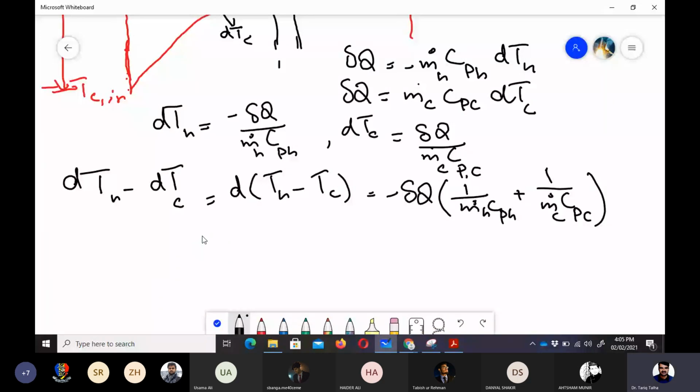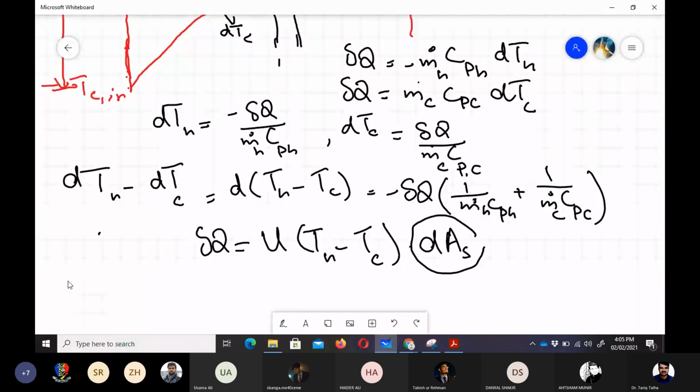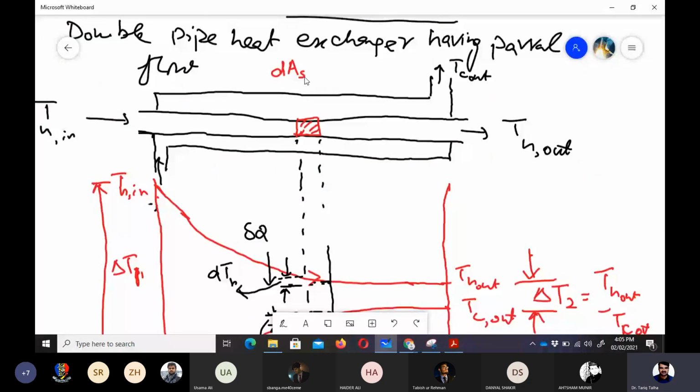Right. So now we can also write delta Q for this differential element as U into (Th minus Tc) into dAs. Right, what is dAs here? If I go back, dAs is this differential area of the pipe which we are talking about here, because we are doing differential analysis.